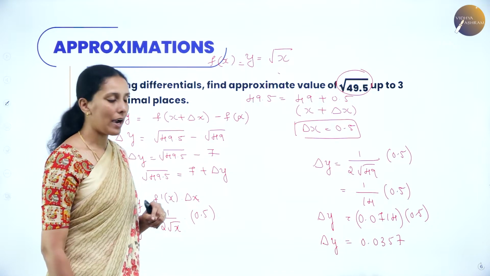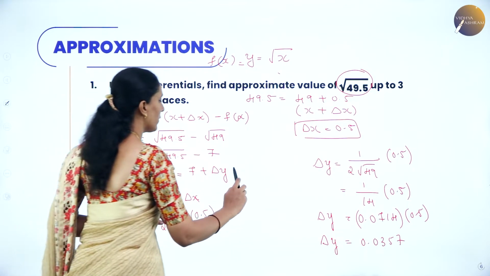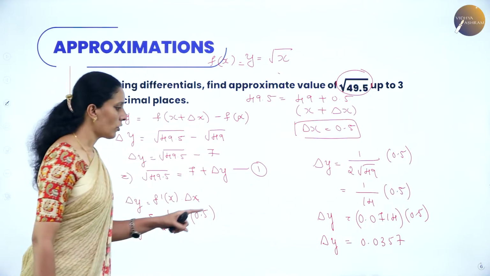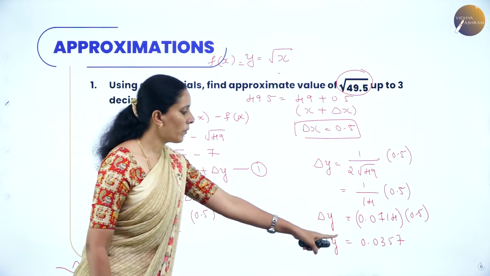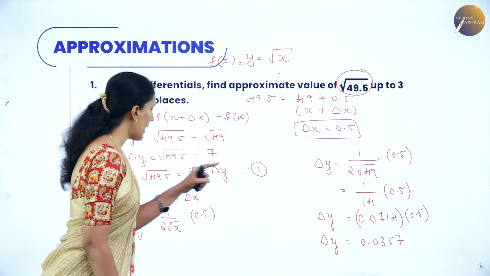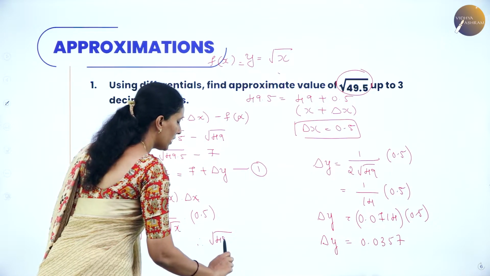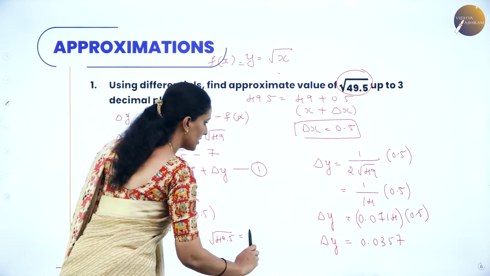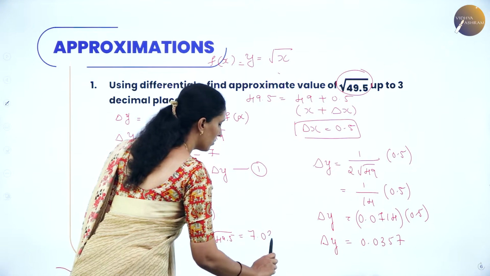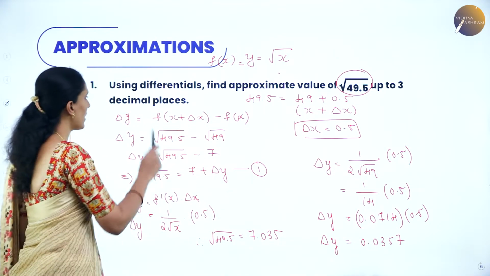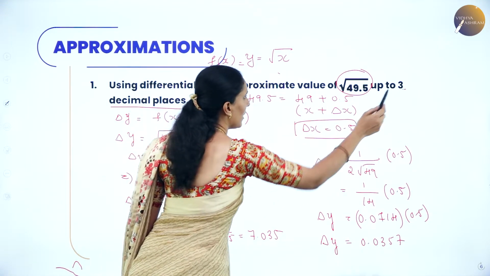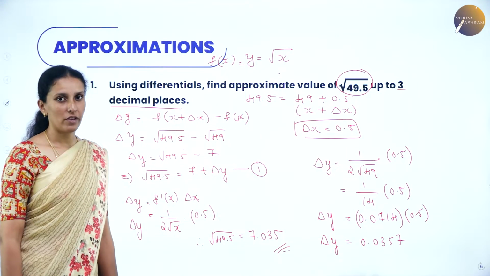Now look at this equation, take this as equation 1. We got delta y is equal to 0.0357. Add it to this value. So therefore root of 49.5 can be written as 7.035, because I need only 3 decimal places here. So 7.035 is the answer.